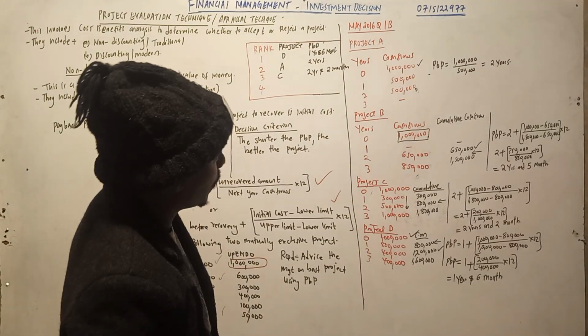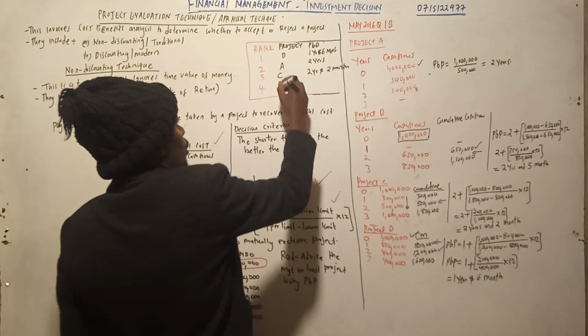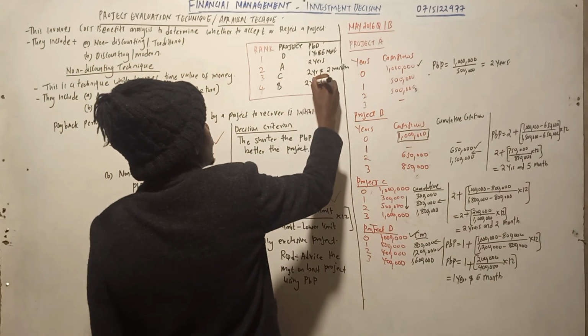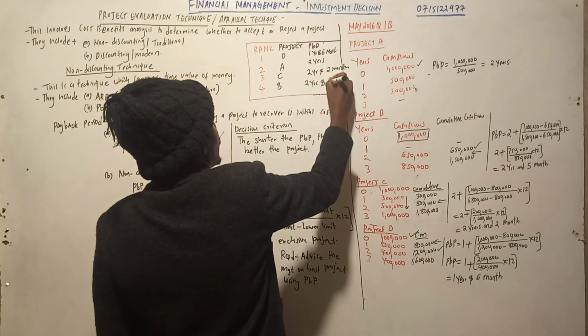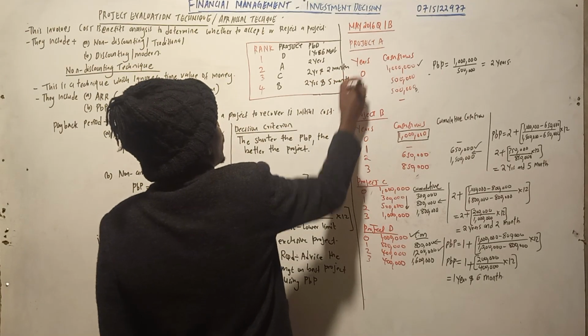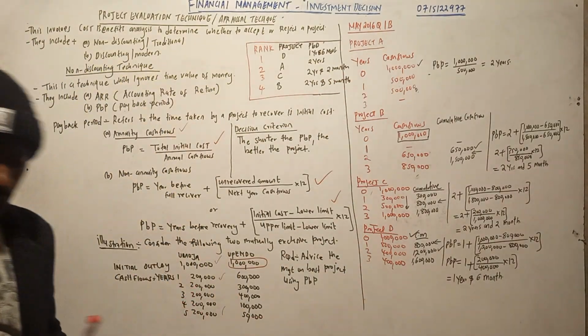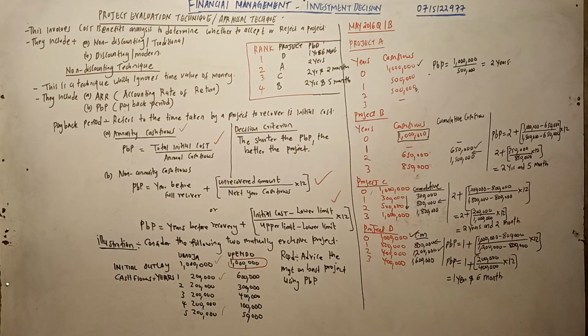Then the worst project is project B, which takes 2 years and 5 months to recover the cost.